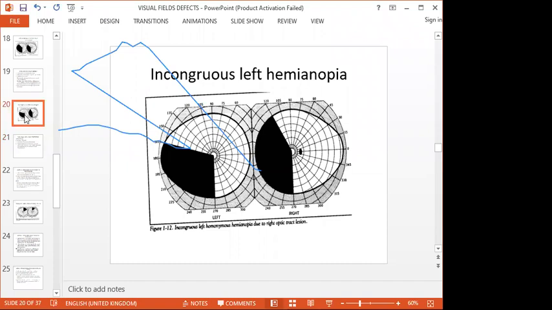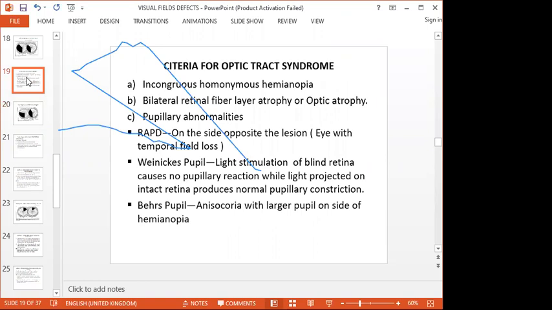This is incongruous left hemianopia. Incongruous homonymous hemianopia, bilateral retinal fiber layer atrophy and optic atrophy, pupillary abnormalities, RAPD on the side opposite the lesion, eye with the temporal field defect.